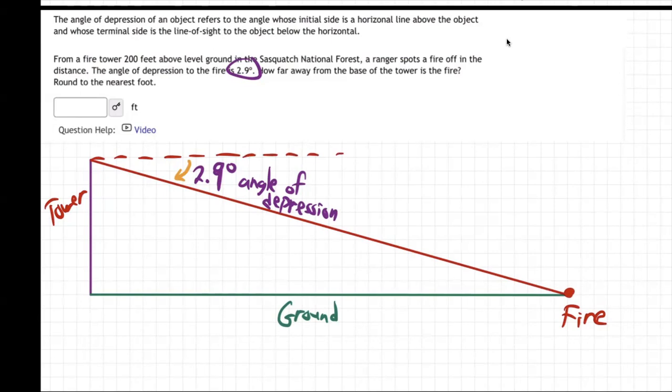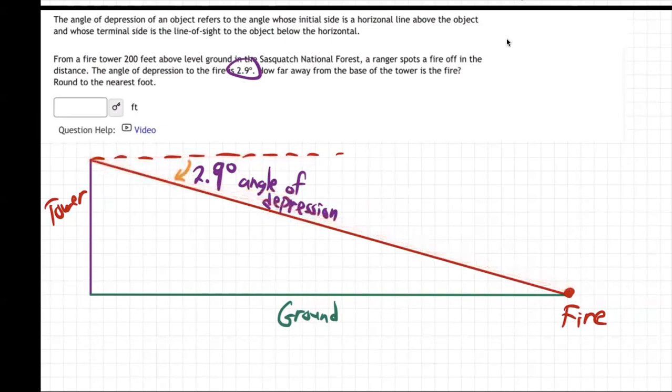So that's below the horizontal. Does that make sense? So here's the top of the tower where the fire worker looks out and sees the fire far away. They have instruments that tell you, when you spot things, how far below the horizontal you are. That's called the angle of depression. How far you're depressed, pushed down below flat, below the horizontal, as you're spotting the fire.